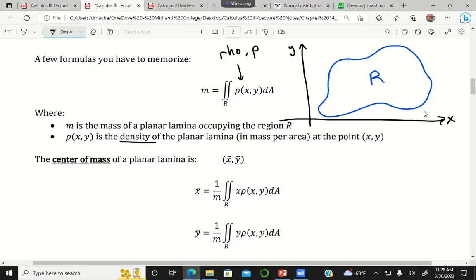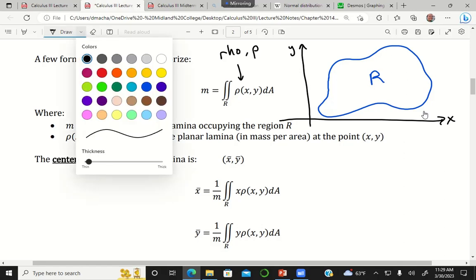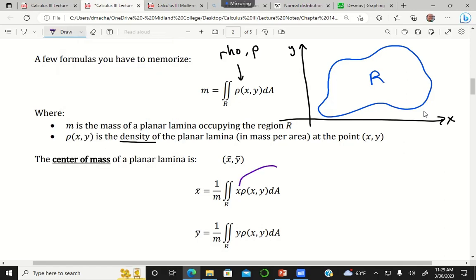Okay, so that's how you calculate the mass. And if you wanted the center of mass, this is going to be a coordinate pair with an x coordinate and a y coordinate. The way you would calculate the x coordinate of the center of mass is 1 divided by the mass times this double integral, and what's new in this double integral is that a little x appears.